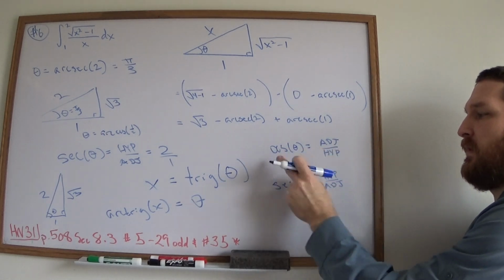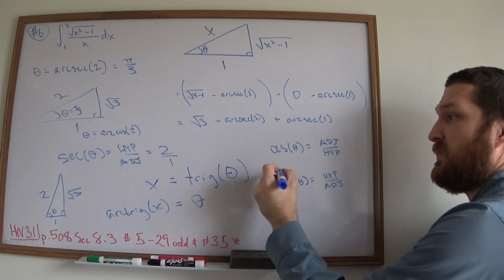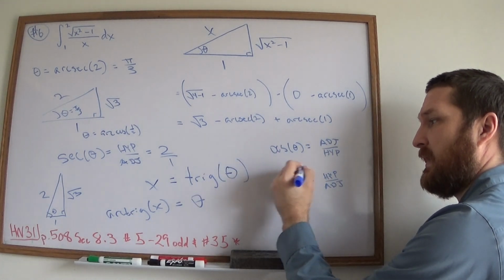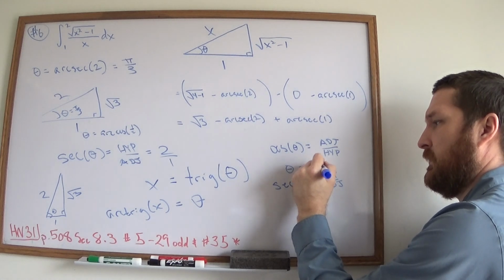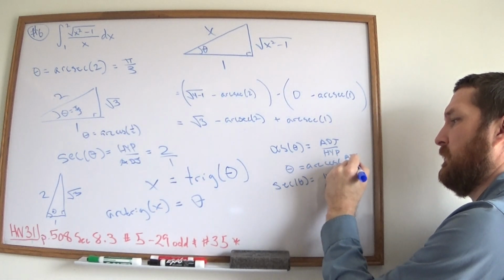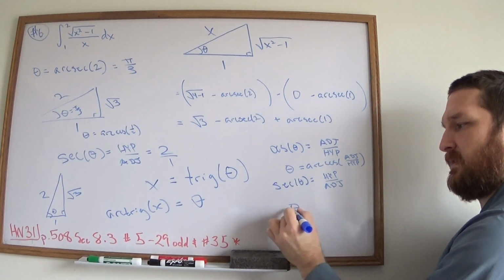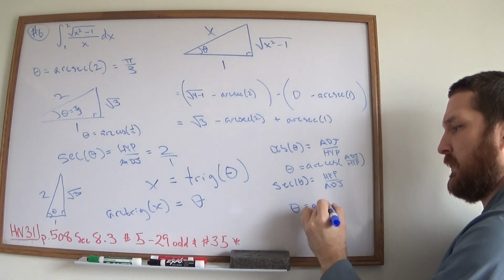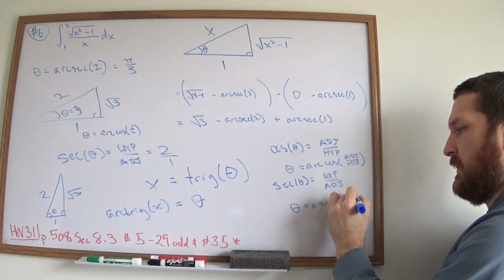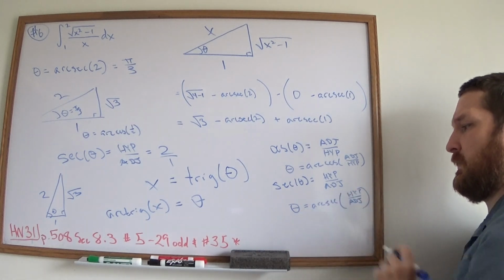And this is for the same theta, so you take arc cos of both sides. Arc cos of adjacent over hypotenuse, and do that over here, the same theta should give you arc secant of hypotenuse over adjacent.